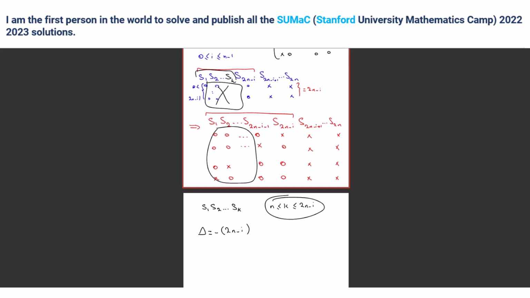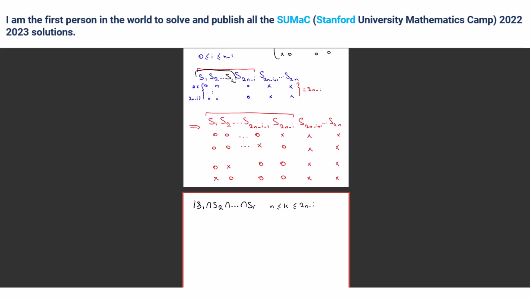Okay. Then what happens when we add the elements? What is the delta? What is the change? Delta means effect. Effect on what? Effect on S1 to Sk? Look, S1 to Sk, when I say, I mean S1, S2 to Sk, where k is between n and 2n minus I. Exactly.